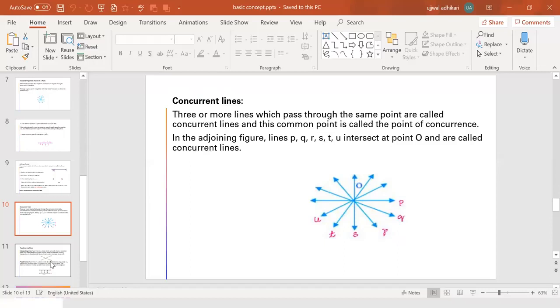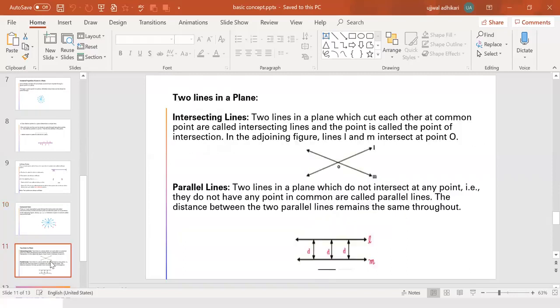And the common point from where all lines are crossing is called point of concurrent or point of concurrency. In the given figure, P, Q, R, S, T and U intersect at the point O. That's why these all lines are concurrent lines, and point O is called concurrence point.